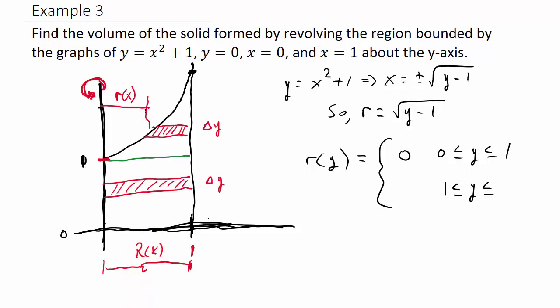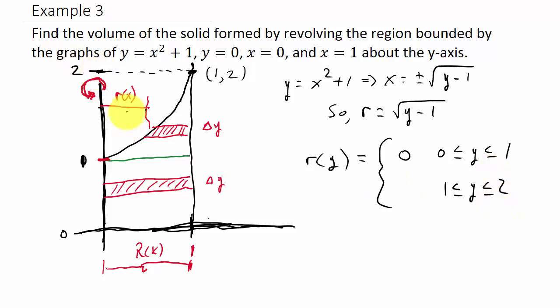We need that value. Okay, well, we know this is when x is 1, so if we plug 1 in here, 1 squared is 1 plus 1 is 2, so that's the point (1, 2). And so we know that this y value here would be 2.